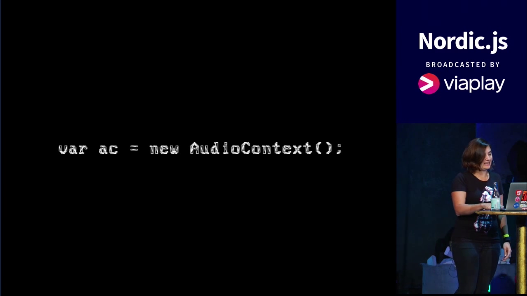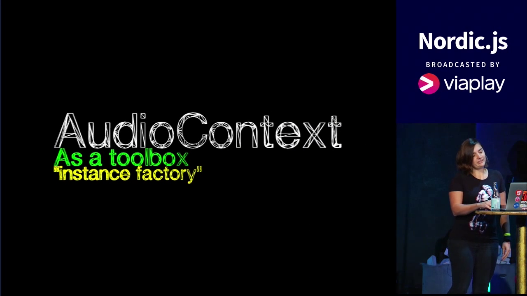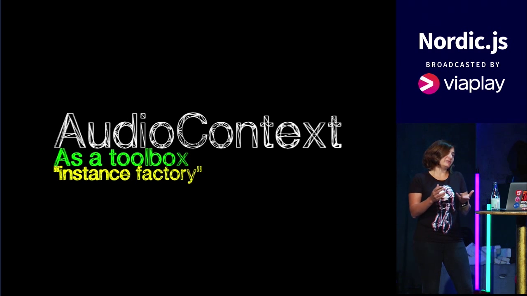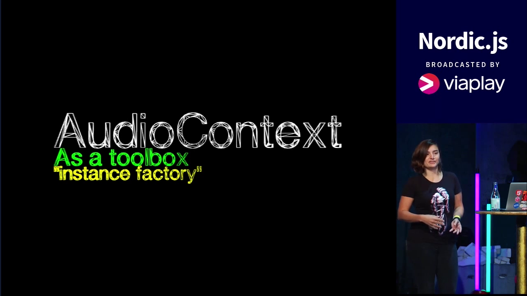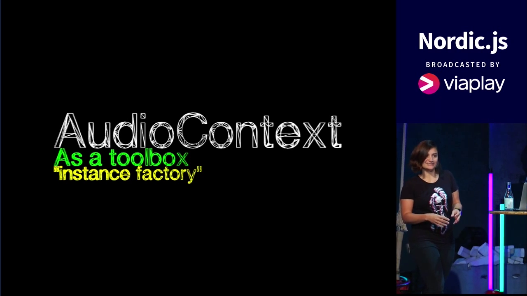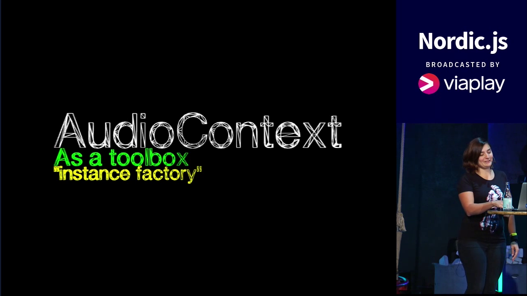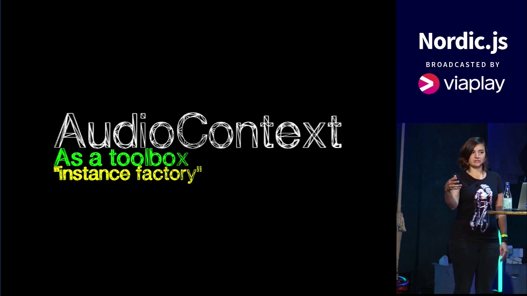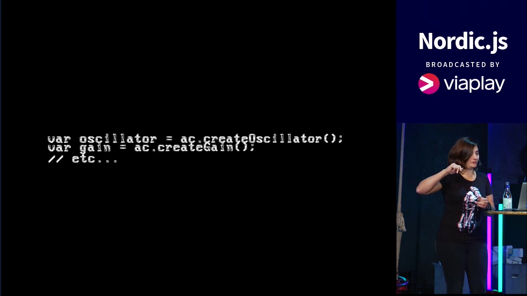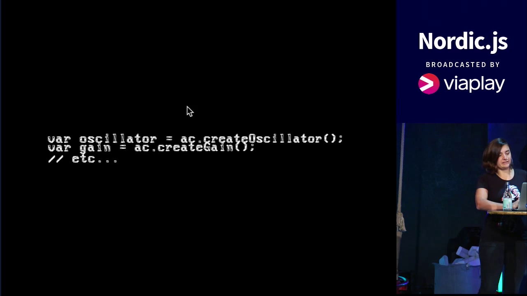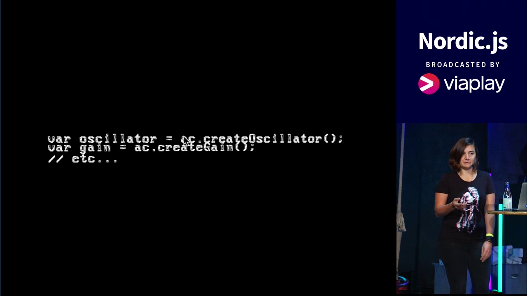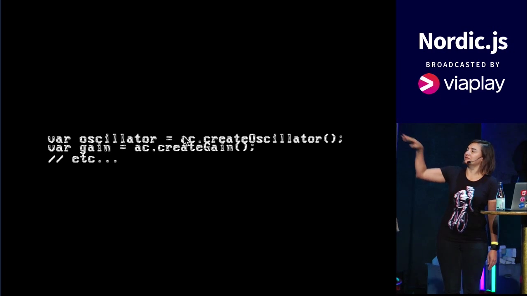That's great. And the other thing that you do from the audio context, because obviously with just an audio context, that's boring, you need to do things with it. That's when you use it as a toolbox, or as Java programmers would say, as an instance factory. But instead of methods 3 lines long, you just say createOscillator or createGain. I'm going to use AC instead of audio context because it's shorter, and otherwise it won't fit on the screen.